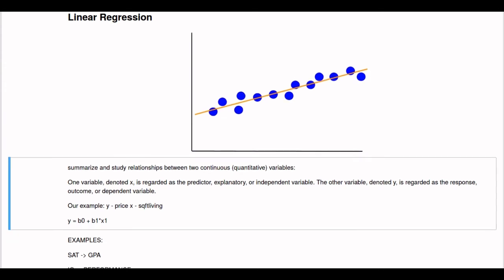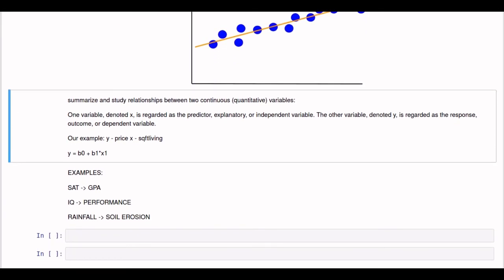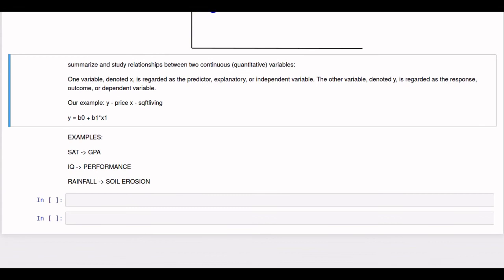Now, I have to give you a warning. Just because two variables are related, it does not mean that one causes the other. So let's take a look at some of the examples where we could use simple linear regression. So let's say we have SAT scores and we want to predict GPA scores.